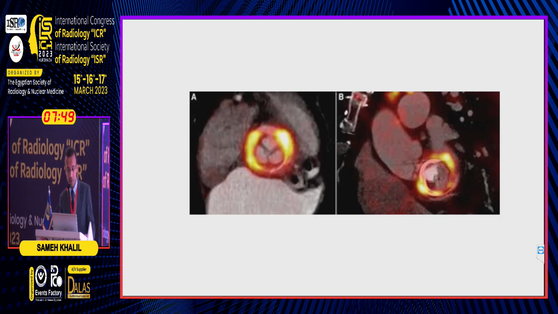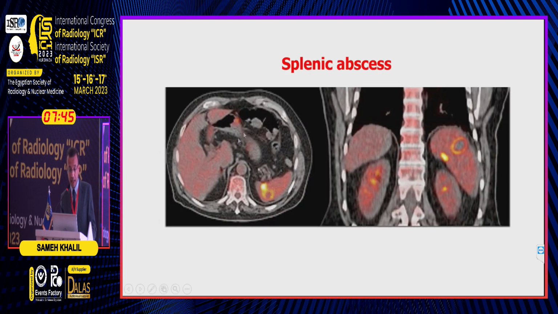This is the top view of the aortic valve. And the beauty of PET images is that it screens the whole body, so we can diagnose this splenic abscess. We can search for other infective endocarditis insults all over the body, not limited as with cardiac MRI or transesophageal echo.